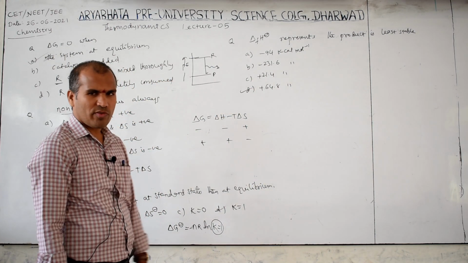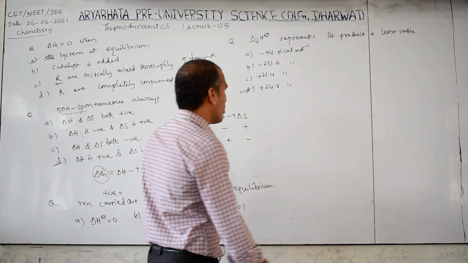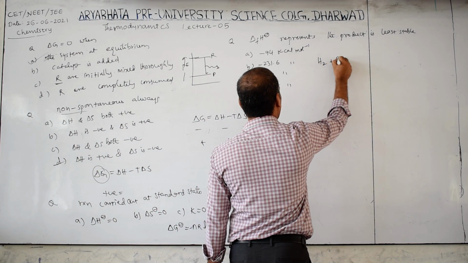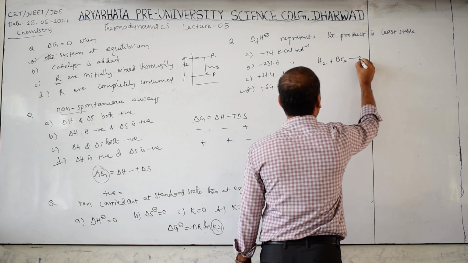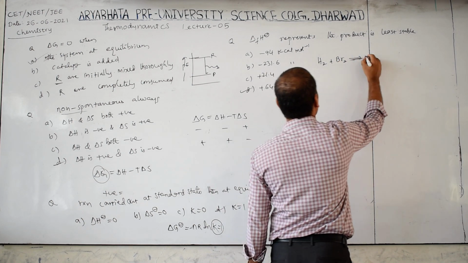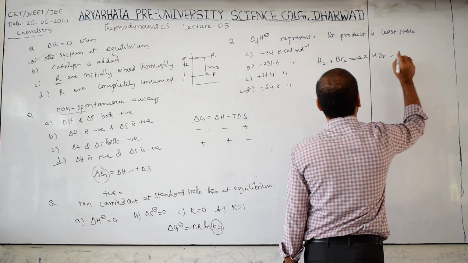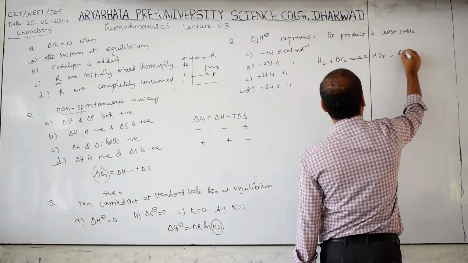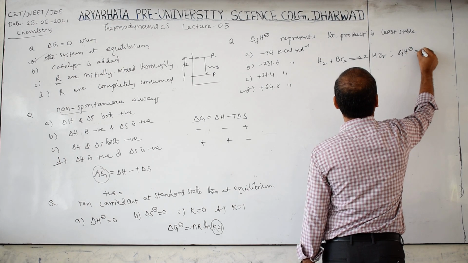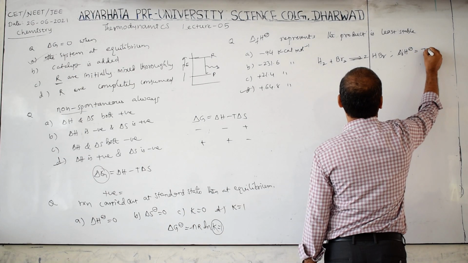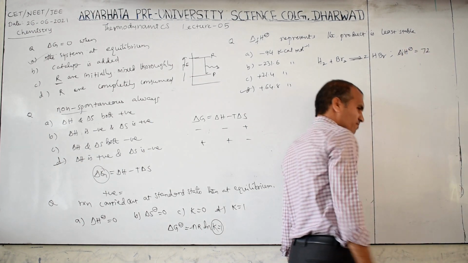But here enthalpy of formation is given, therefore I want to explain about the enthalpy of formation. Now this is H2 plus Br2 gives rise to 2HBr. For this, delta H is nearly 74 or 72, consider, no problem.